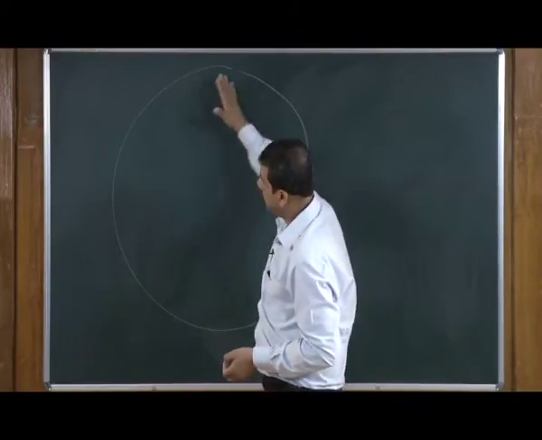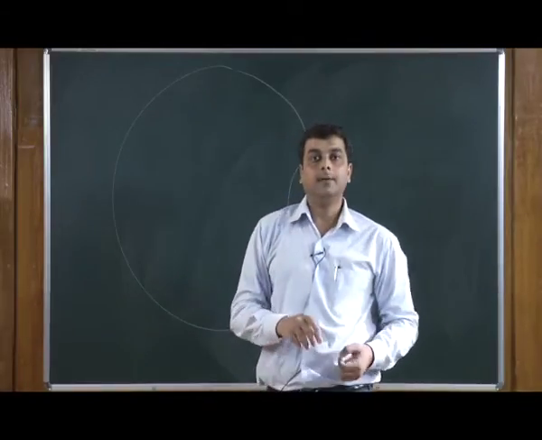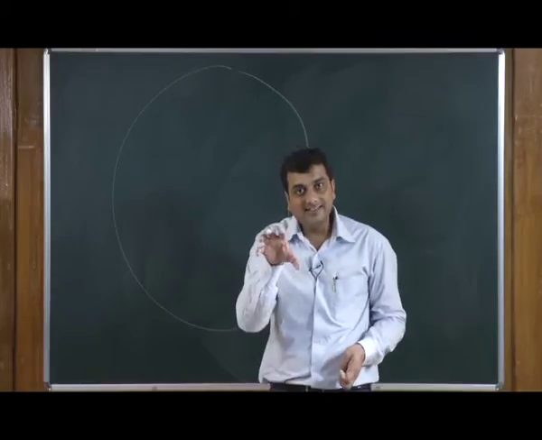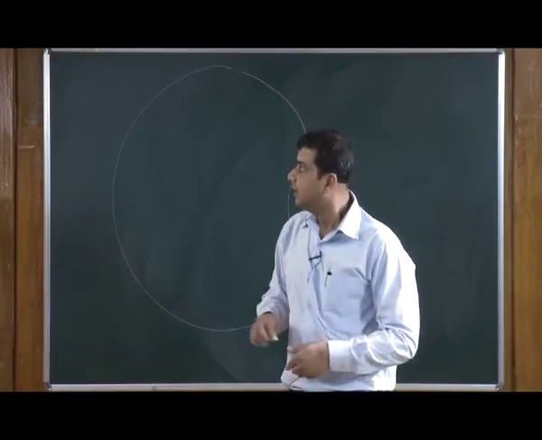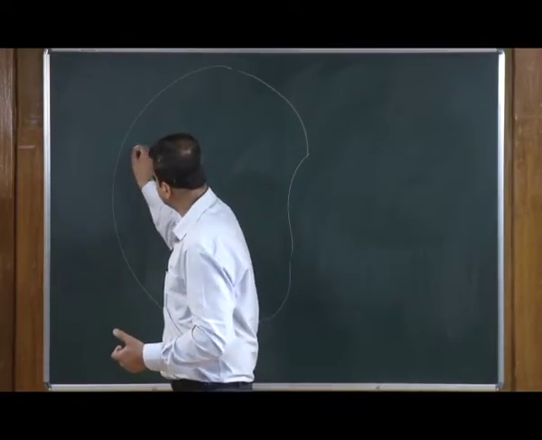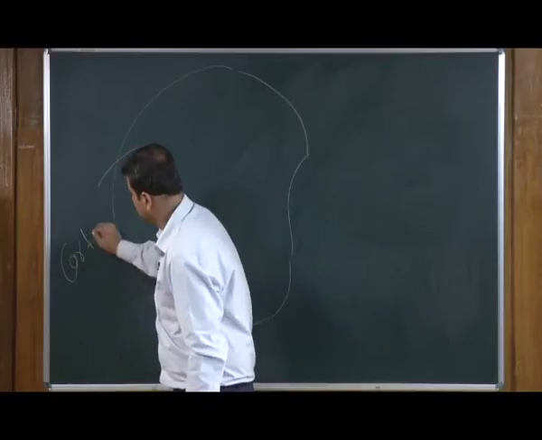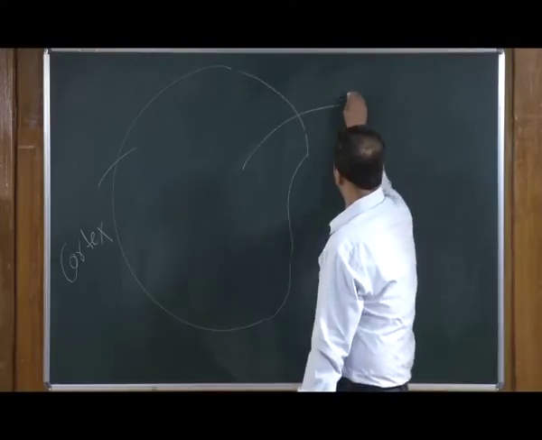Now, in any organ, if you take a section, the middle portion is specifically called something, and the outer surface area is called something. In any section, the outer surface area is called cortex, and the inner surface area, the internal aspect, is called medulla.